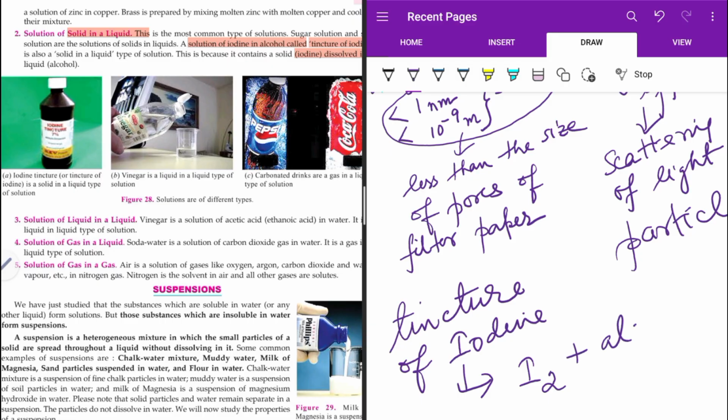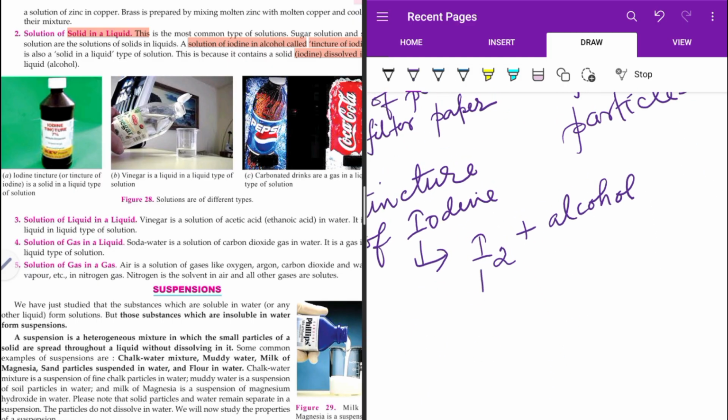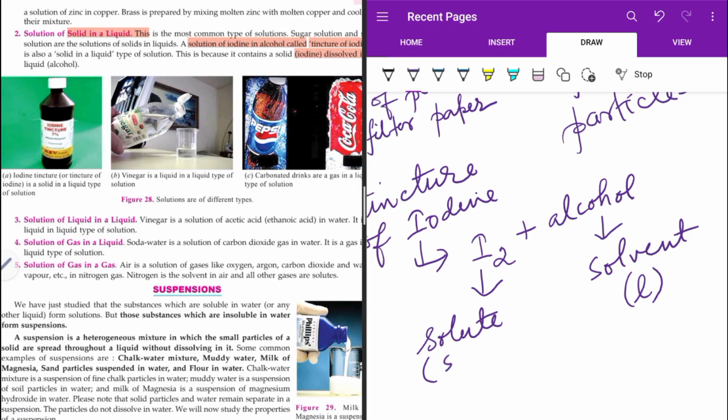Obviously, I2 or iodine is acting as the solute and alcohol is acting as the solvent, which is liquid, and iodine here is taken as solid. Okay, solid solute. So this is an example of a solid in liquid solution. Iodine dissolved in alcohol.